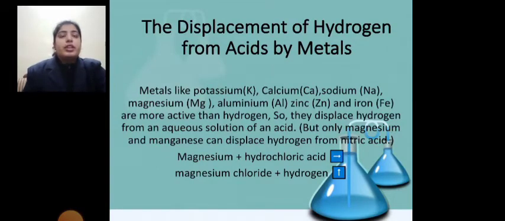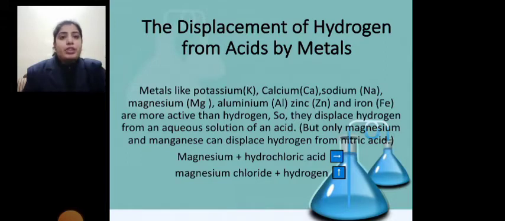Now children, the displacement of hydrogen from acids by metals. See, there are some metals in the activity series which are above the hydrogen. All those metals which are above hydrogen in the activity series can easily displace hydrogen from the aqueous solution. So let us read what is written here.